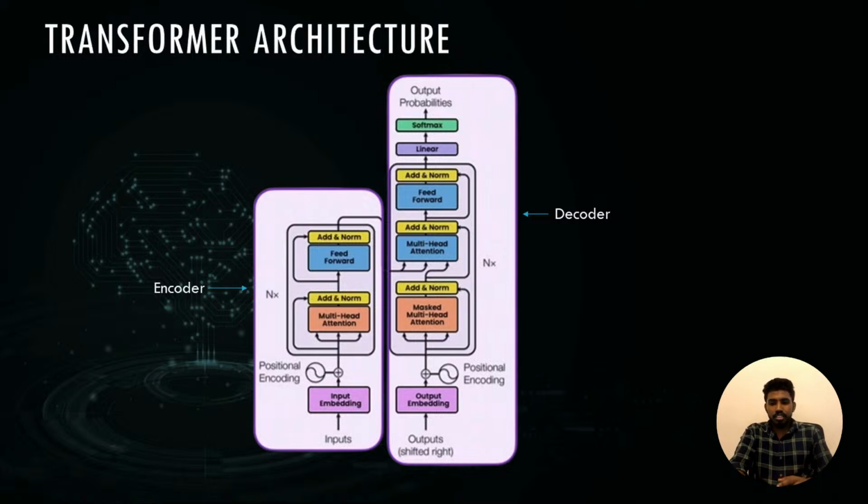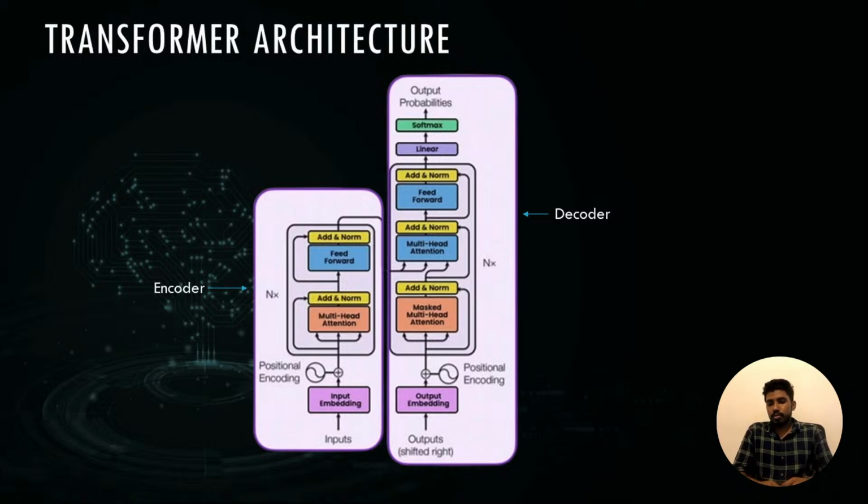Basically, this transformer architecture can be divided into two parts: encoder and decoder. The encoder has input embedding, multi-head attention, add and norm, feed-forward neural network, and again add and norm. So basically, what happens is the input embeddings.